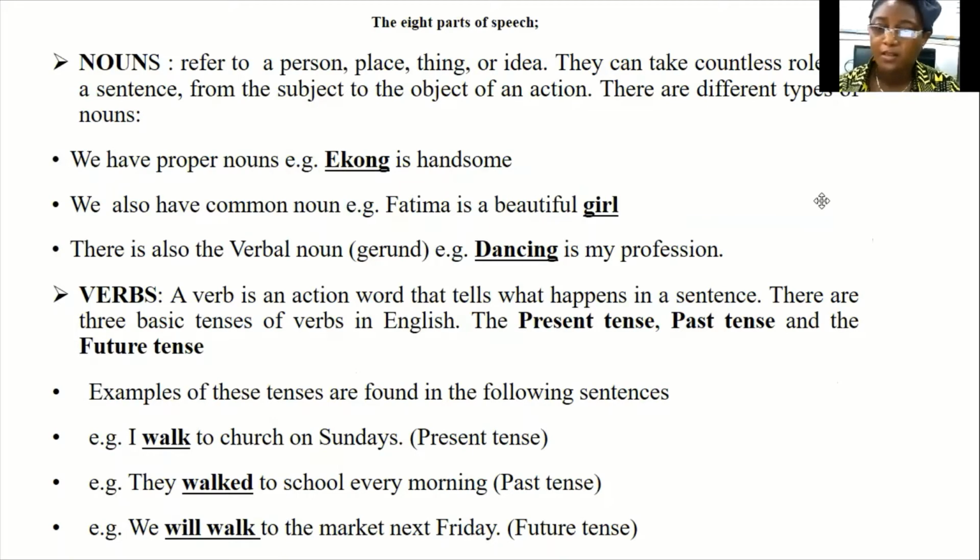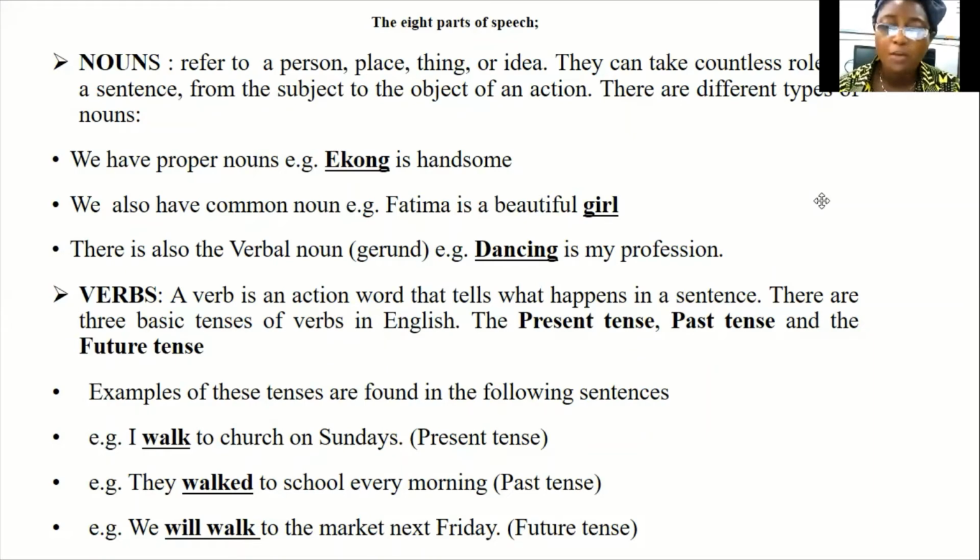They can take countless roles in a sentence, from the subject to the object of an action. There are different types of nouns. We have the proper nouns. Example, in this sentence, Ekong is handsome. In this case, Ekong is a proper noun.